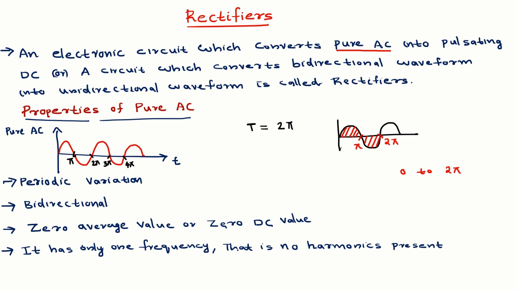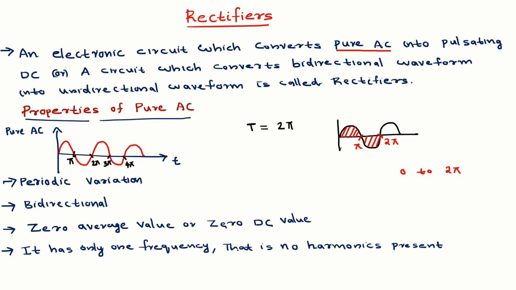By looking at this diagram, I can say that the area of the positive half cycle is the same as the area of the negative half cycle. Both are of opposite polarity, on different sides, so the area is 0. The area under this waveform over the time period of 2 pi is 0. That is why I am saying that the signal has 0 average value or 0 DC value.